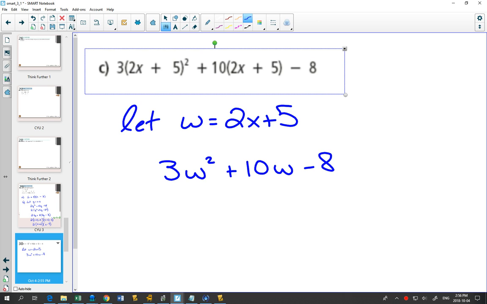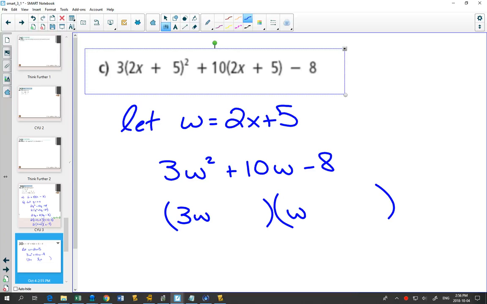Note there are no common factors this time. So when we go to factor this one, it's actually not a bad one to factor because the only way to get 3W squared is 3W and W. And now we're going to have to see if there's things that we can put that multiply to 8 where our outside and inside make 10. 2 and 8 doesn't make 8.